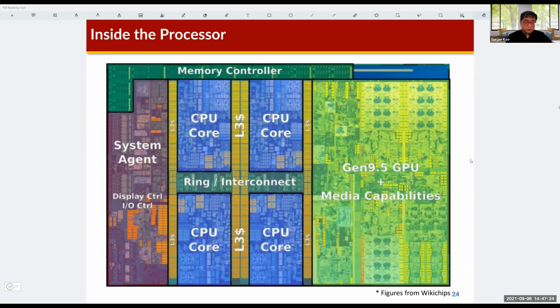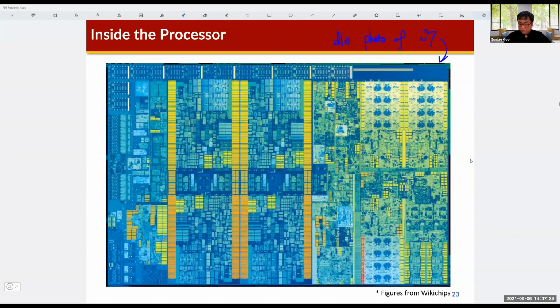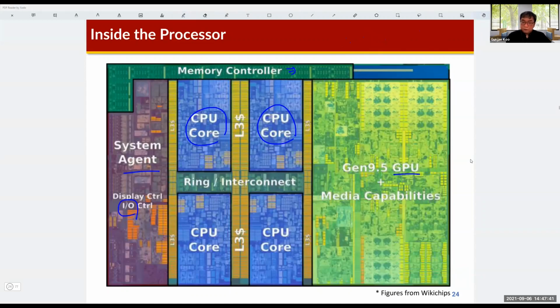Okay, so as you can see, oh, this is the CPU core, oh, it's a GPU, it's a system agent or IO control. Oh, this is the memory controller, which is different. It's just a box, but if we see the box, we can understand which part is which component of the CPU.